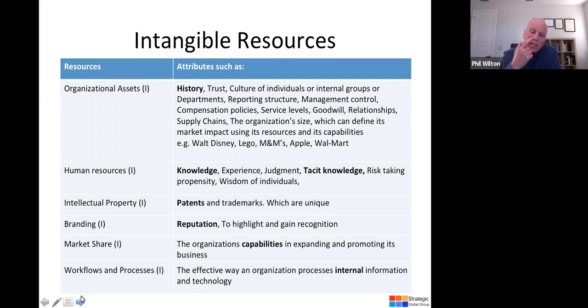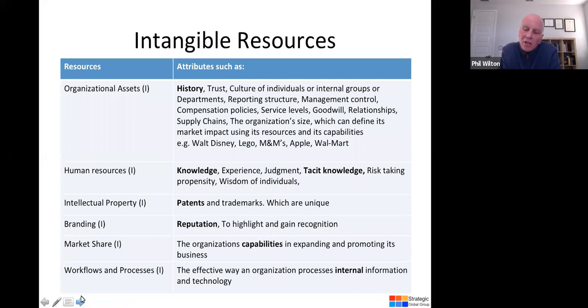Human resources, and that comprises, I'm focusing here on knowledge, and there are two types of knowledge. There's explicit knowledge. Explicit knowledge is what you learn in school and university and what you learn on the job when you're actually working. And that gives you experience and judgment. And then there's tacit knowledge, and the amount of people that underestimate the value of tacit knowledge.